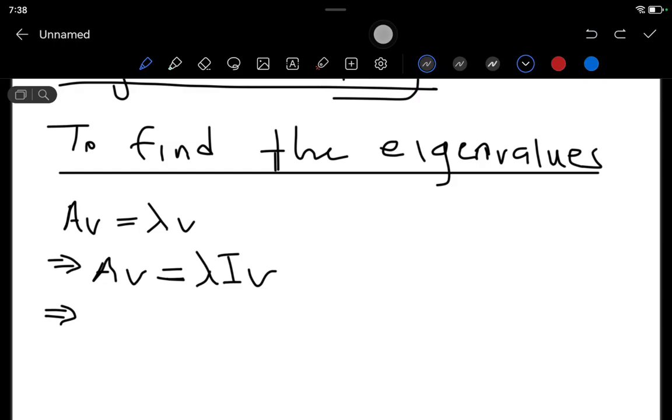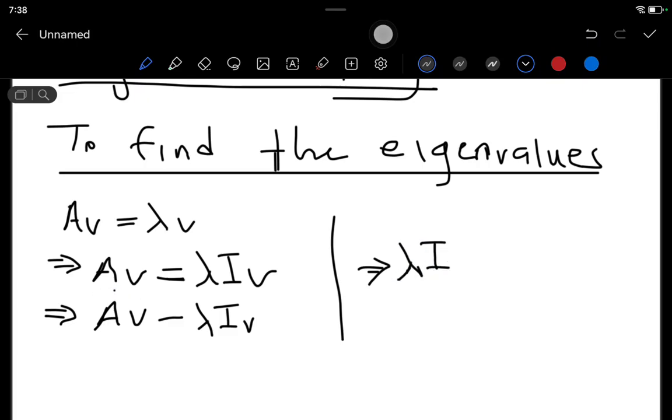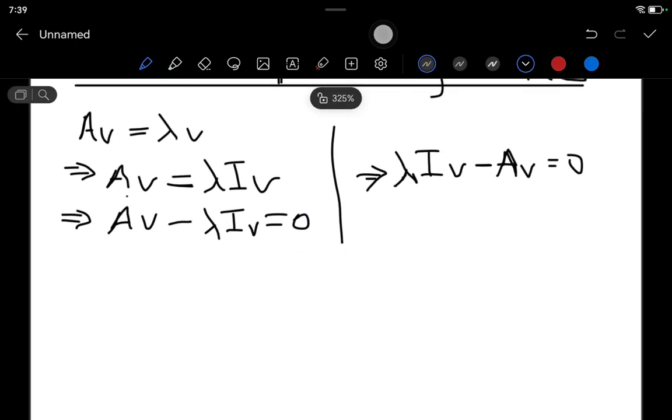Now, if I take this to the other side, I'm going to have AV minus lambda IV. It's also possible, you're not restricted, to take this to the other side. So you can also have this. I'm just writing this so that those who read other books and find other methods see that they're all gonna take you to the same solution.